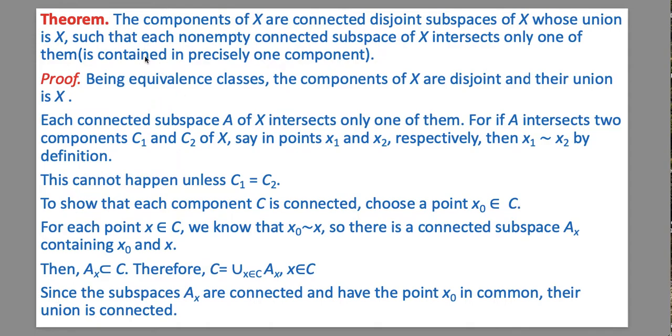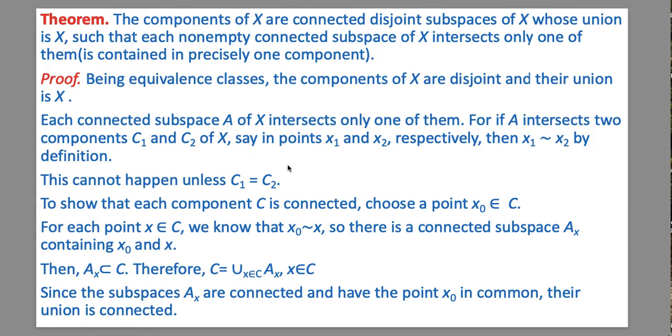We know that being equivalence classes, the components of X are disjoint and their union is X. Each connected subspace A of X intersects only one of them, because if A intersects two components C1 and C2 of X, say in points x1 and x2 respectively, then x1 is equivalent to x2 by definition. And this is not possible unless C1 is equal to C2.